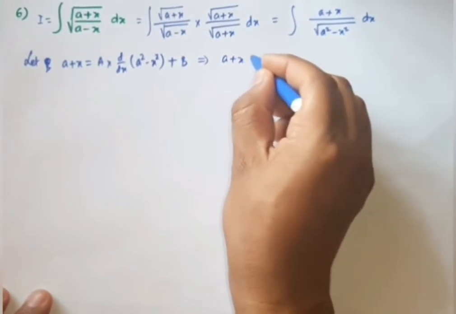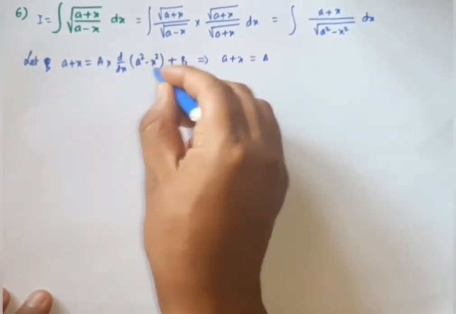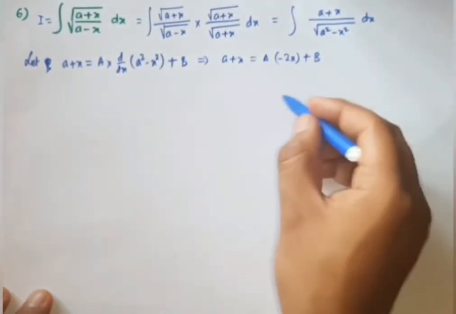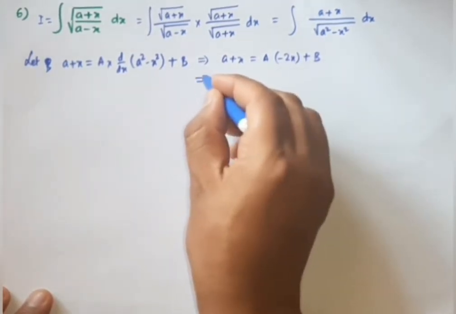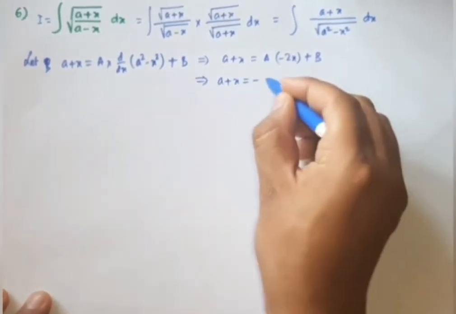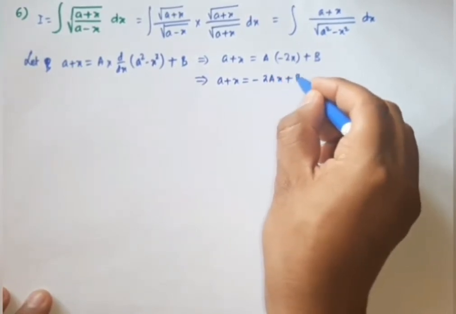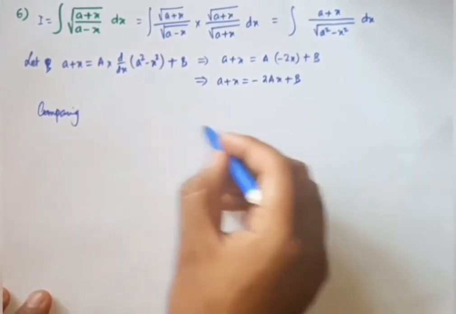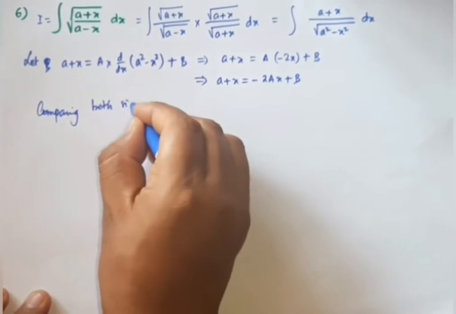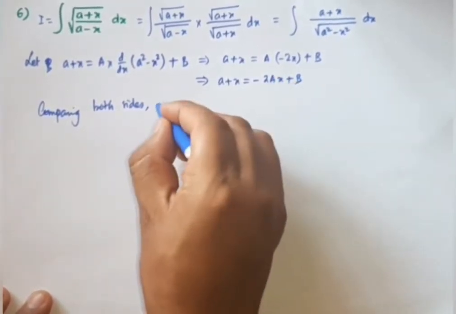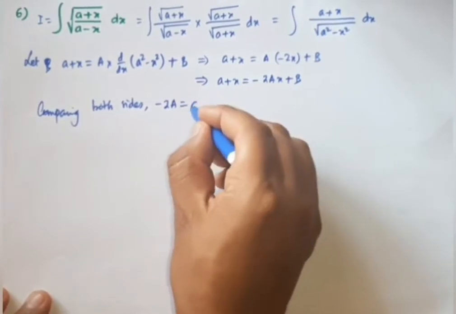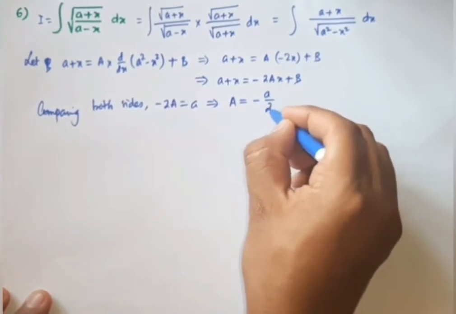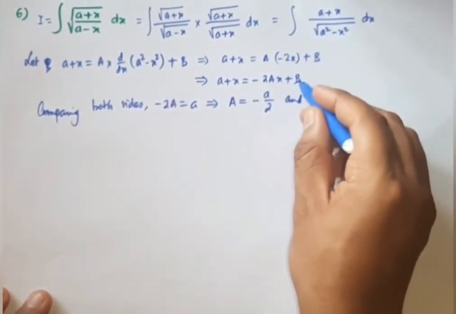So we have a plus x equals A into the derivative, which is minus 2x, plus b, that is a plus x equals minus 2A x plus b. Okay, comparing both sides, we see that minus 2A is equal to 1. From here, what is capital A? Capital A is minus 1 by 2. Okay, and what is the value of b?